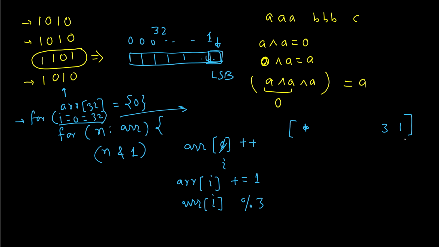But for visualization, let's keep it here only, and then 1, and then 4. So now if you take modulo 3, this will be 1, this will be 0, this will be 1, this will be 0. Sorry, this will be 1. 4 modulo 3 is 1. So we get 1, 1, 0, 1, which is the required result.